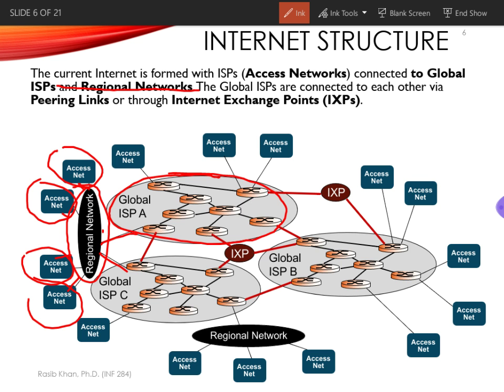And eventually, the global ISPs are connected to each other through peering links, which are the direct connections between two global scale ISPs, or through the internet exchange points, which are dedicated providers of connection between two global ISPs.